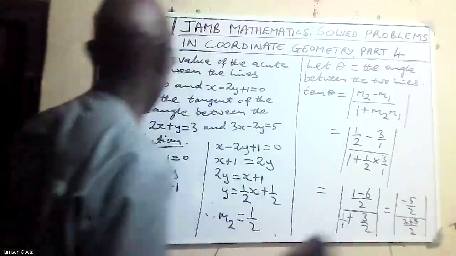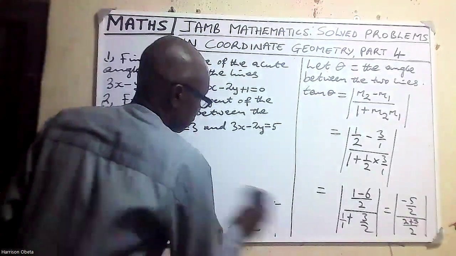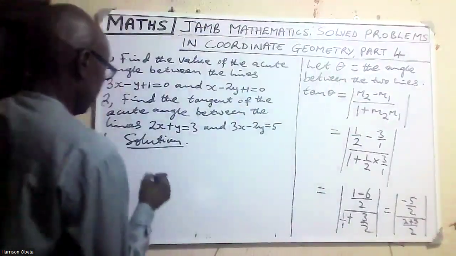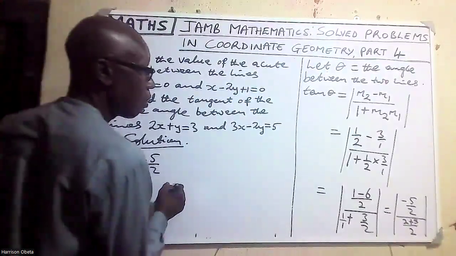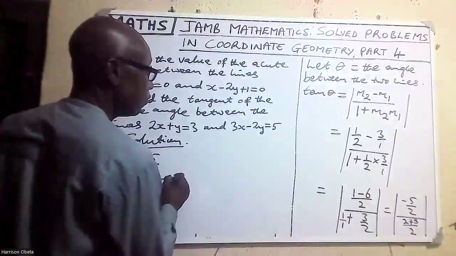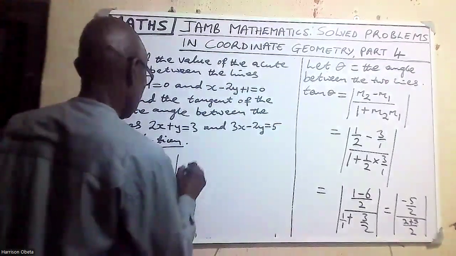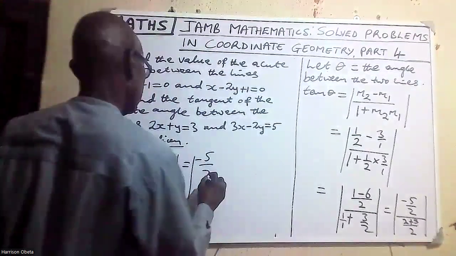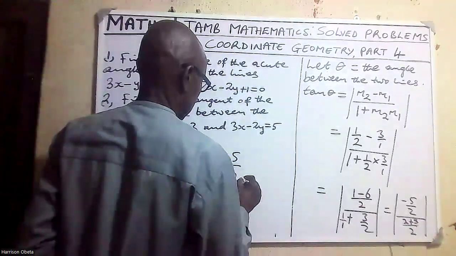So coming back, we have minus 5 over 2 all over 5 over 2, which is the same thing as minus 5 over 2 divided by 5 over 2.